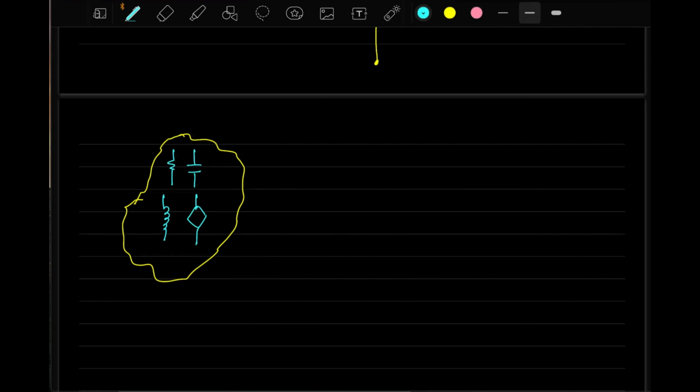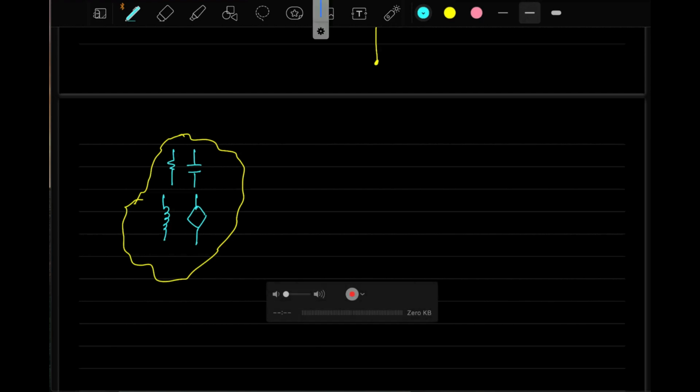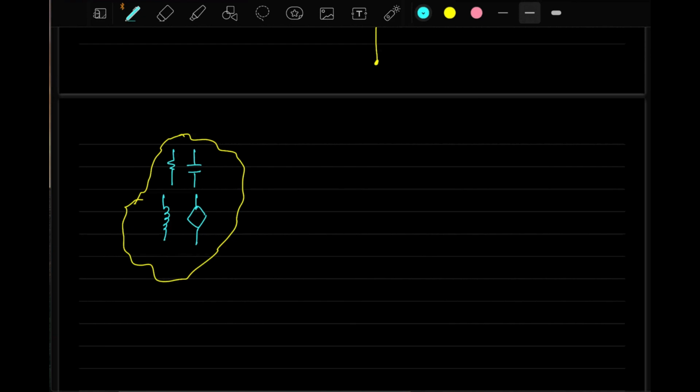For these lectures we are not considering capacitors and inductors because we will deal with them later. So what I am considering here is only resistors and dependent sources, with multiple connections between them.